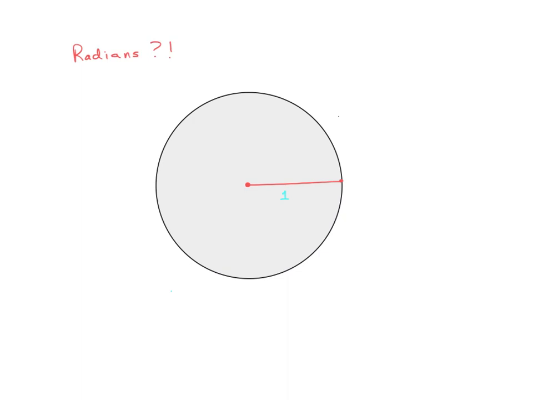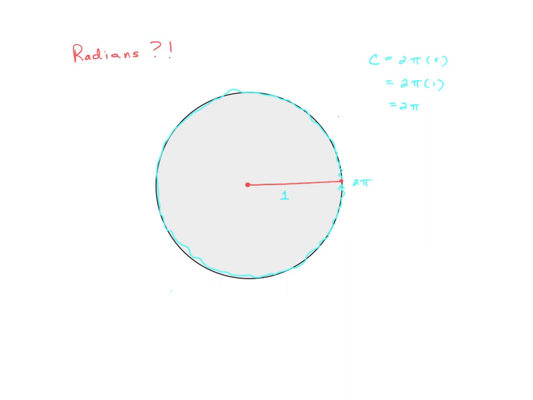So if we look at a circle that has a radius of 1, and we come up with a circumference of 2 pi r, our circumference, if our radius is 1, is 2 pi, meaning that our measurement of this trip around the circle is 2 pi.